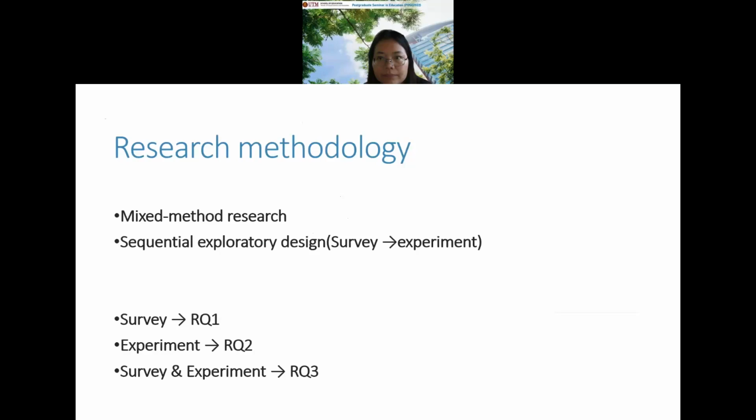And for the second question, I'm going to use an experiment to see the effectiveness of the goal setting function in Coconut. And for the third question, the survey and experiment results will be combined to answer it.